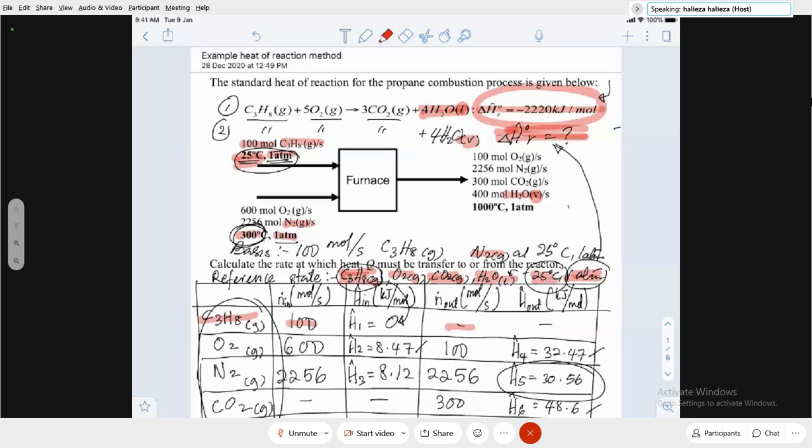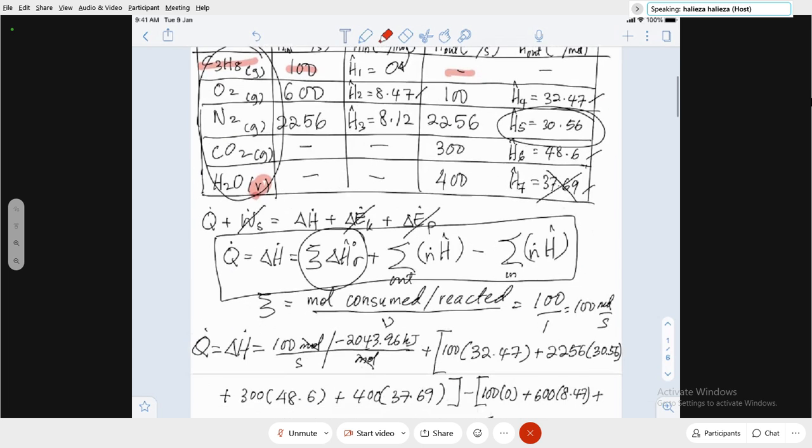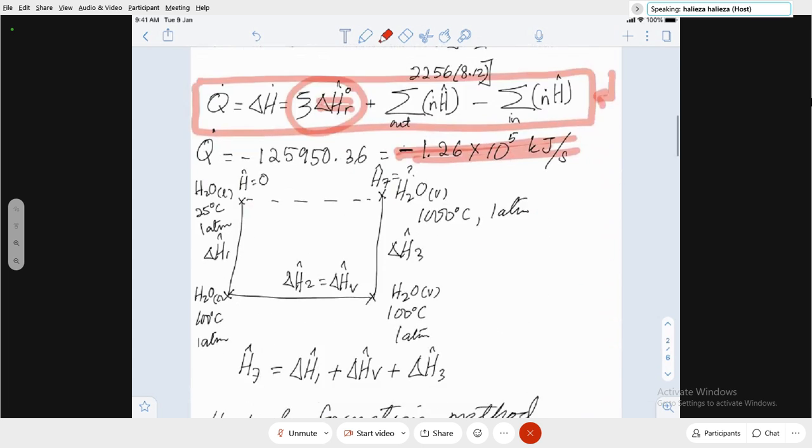Let's point out the reference state. When you're using the heat of reaction, you can have the compound listed as the reference state, and it's always at 25 degrees C and 1 atm, because the standard heat of reaction is always at 25 degrees C, 1 atm. But if you're going to use the heat of formation, just like the name implies, it has to be formed.